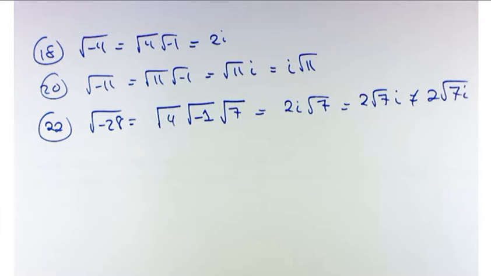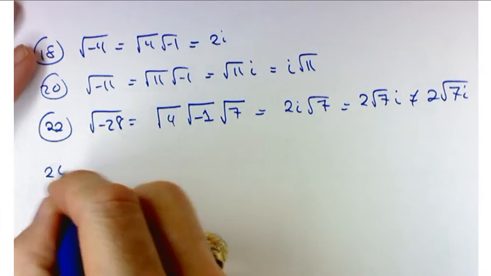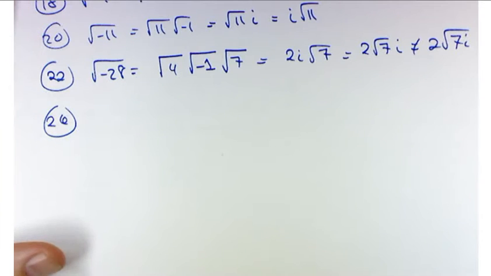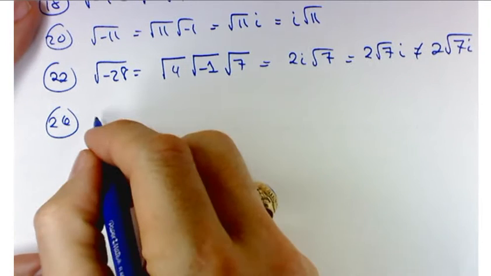Let's try problem number 26. Six times the square root of negative 49.